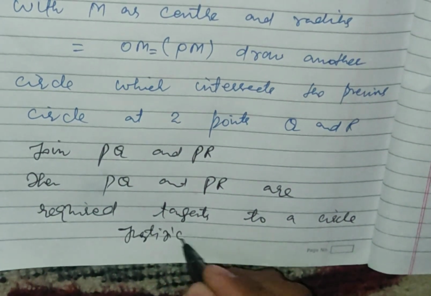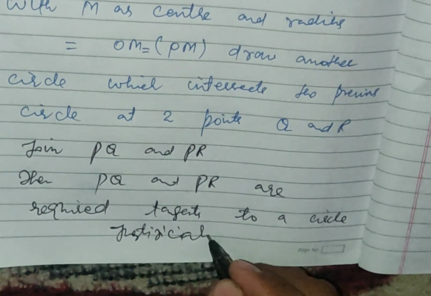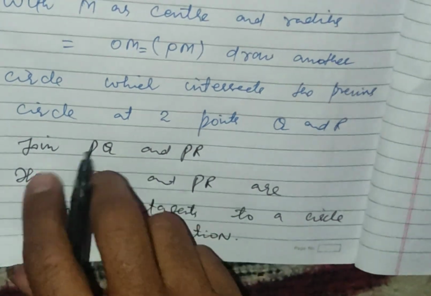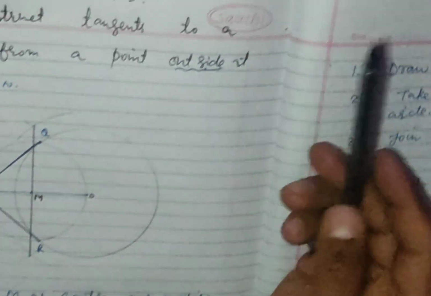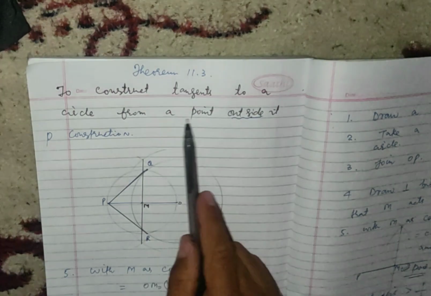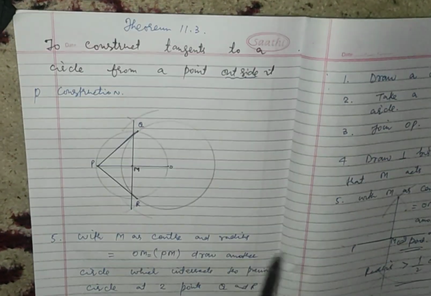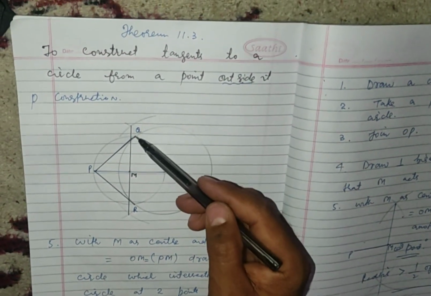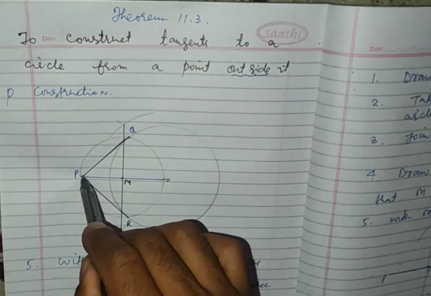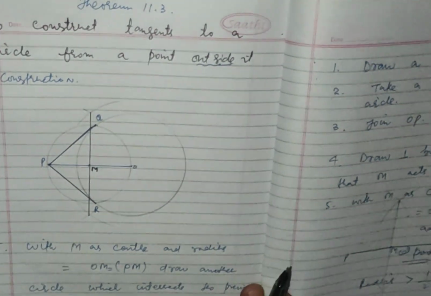Justification. So I will conclude this video. We have to draw tangents to a circle from a point outside the circle. I will repeat this, and the justification I will upload in the next video.